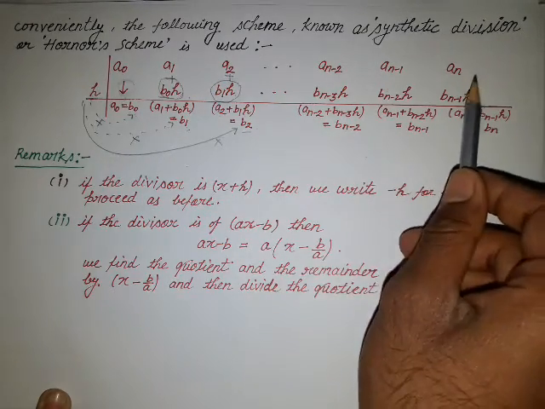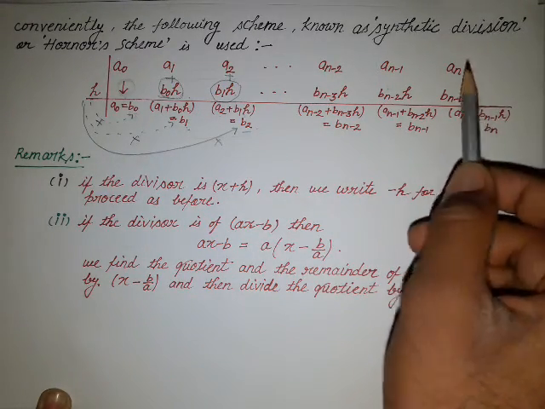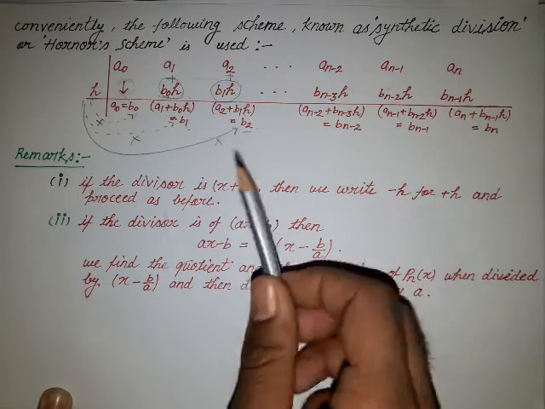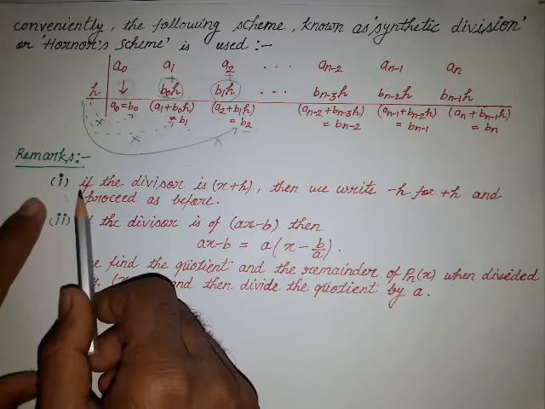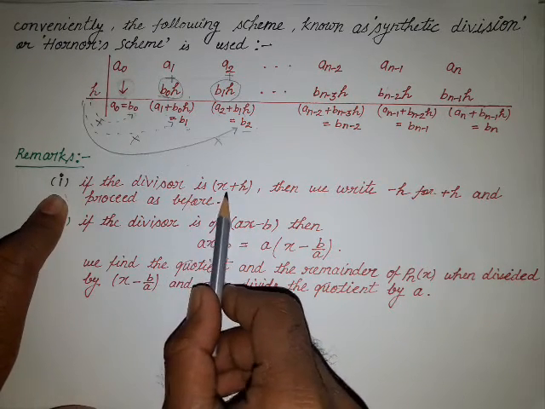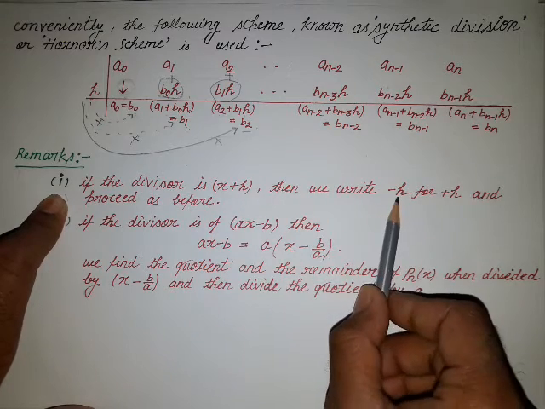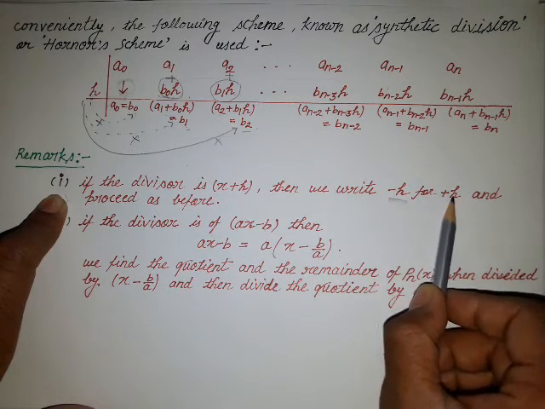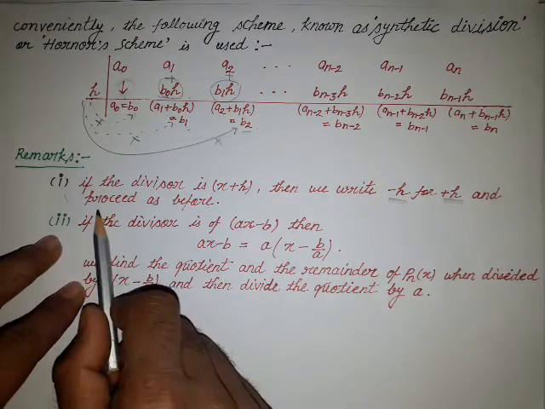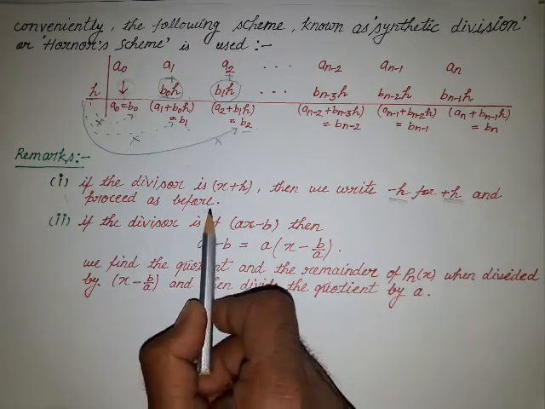I will show you by using some examples how this can be used in our problems practically. But first take a look at the remarks I have pointed out. First, if the divisor is of the form x plus h, then we write minus h in place of plus h and follow the process above.